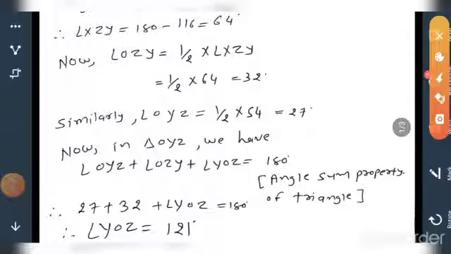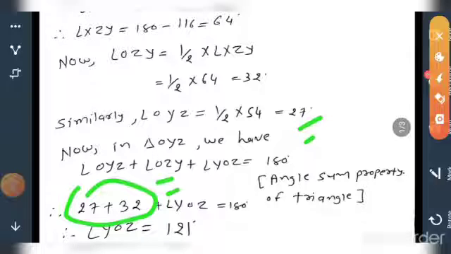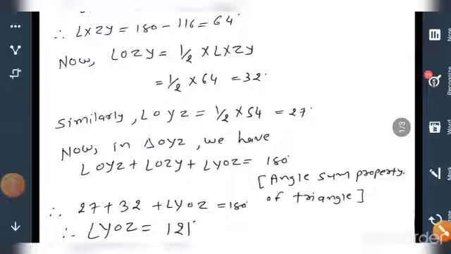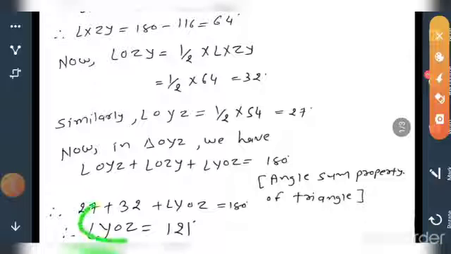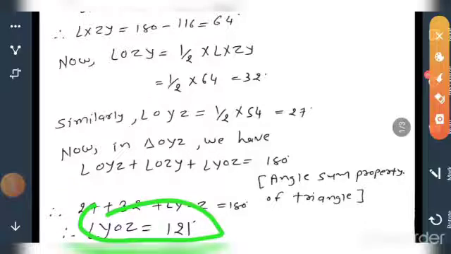So I put the values of oyz and ozy which we found from the equation. Our final angle yoz is 121 over here.